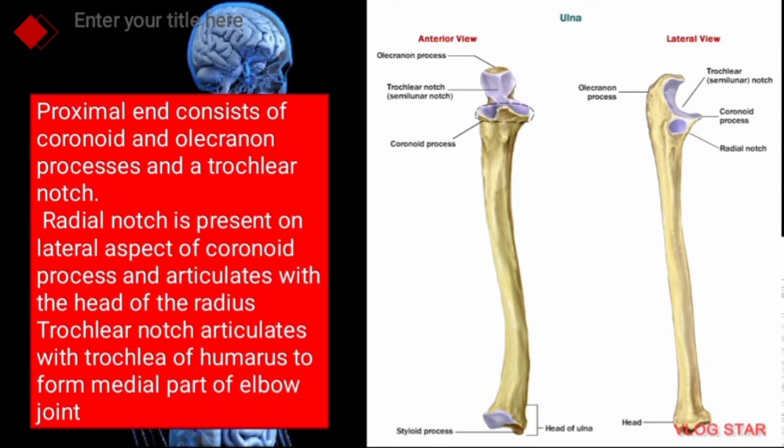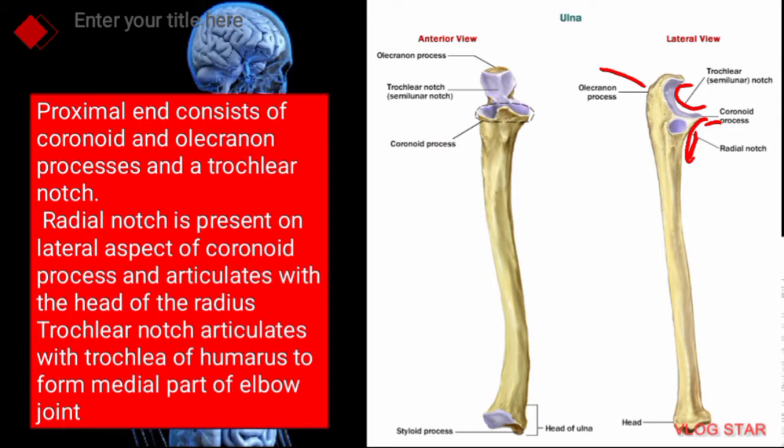This is the coronoid process and this is the olecranon process, and a trochlear notch also. Radial notch is present on the lateral aspect of the coronoid process and articulates with the head of the radius.